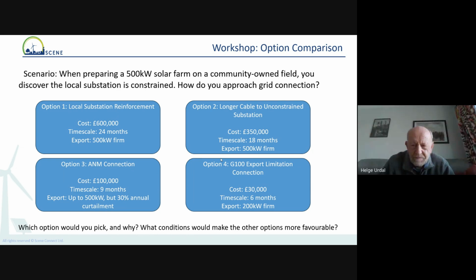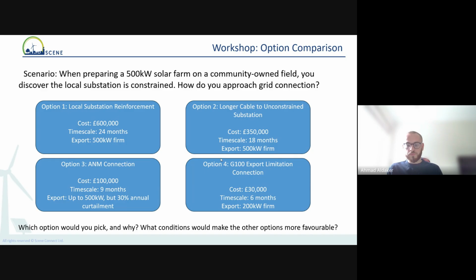And just to add a bit more about option 2, just perhaps to clarify this. When you're installing a cable, for example, this is 2 kilometers to an unconstrained substation, which is cheaper than option 1.